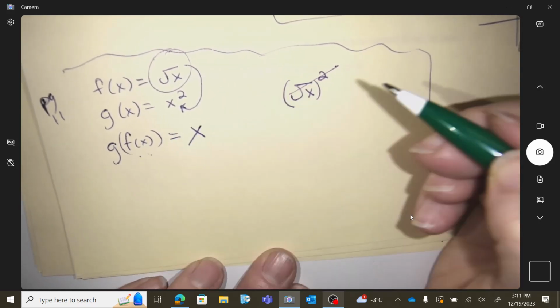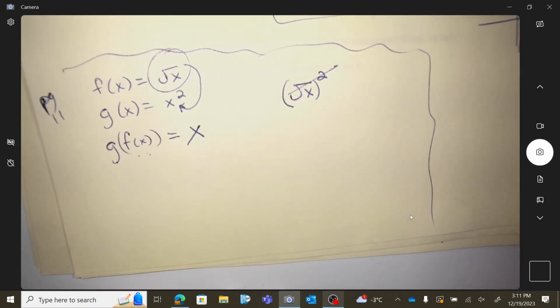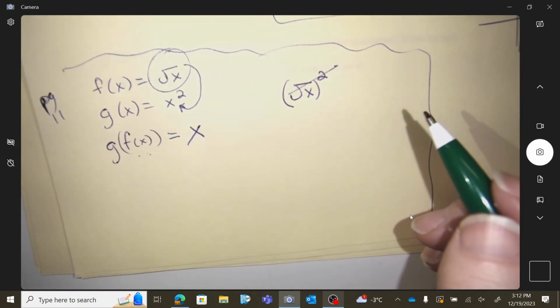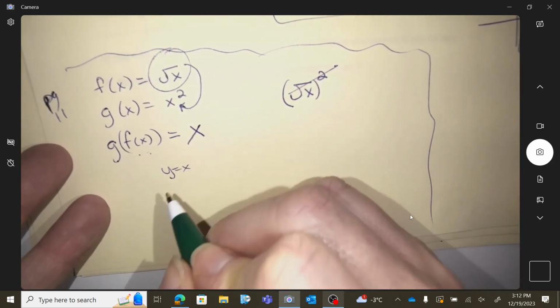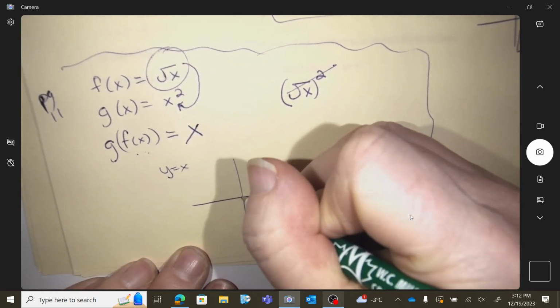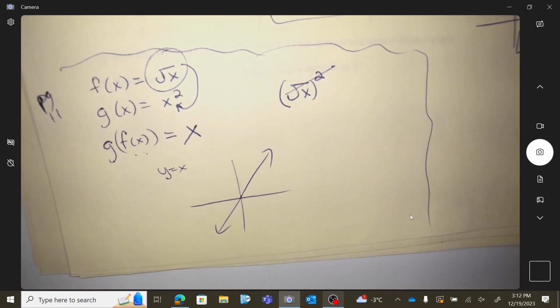Cancel, and it would be x. How would you graph y equals x? It's just a straight line. That would be y equals x. Okay?